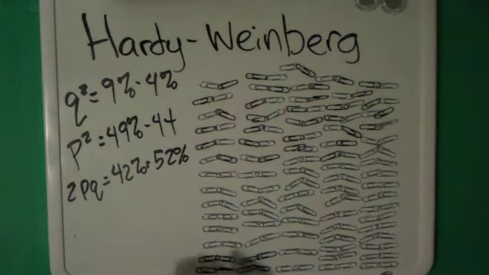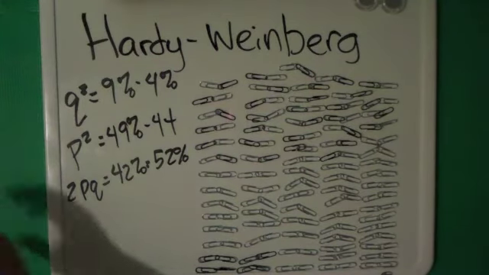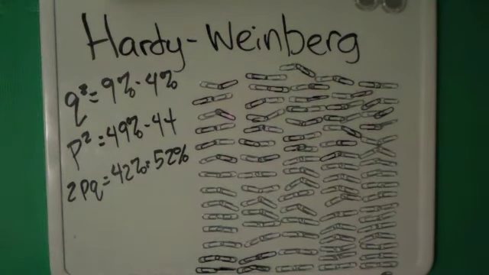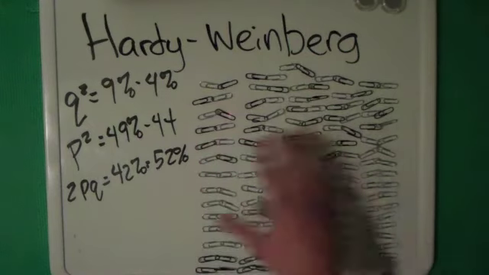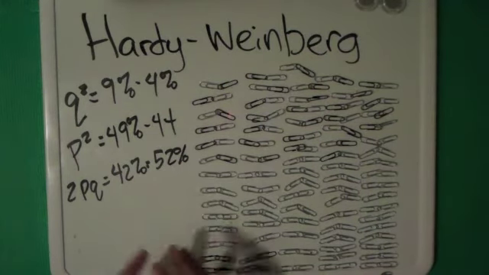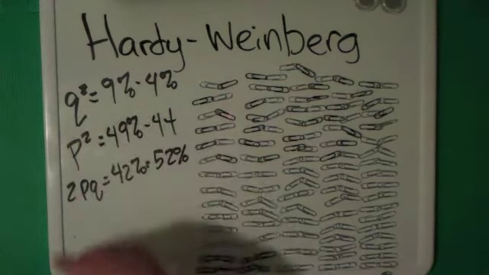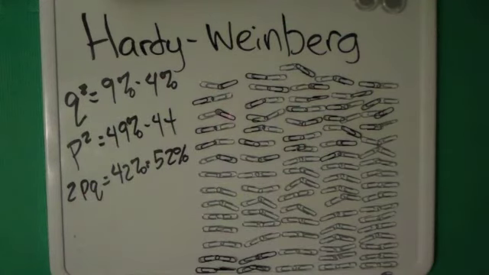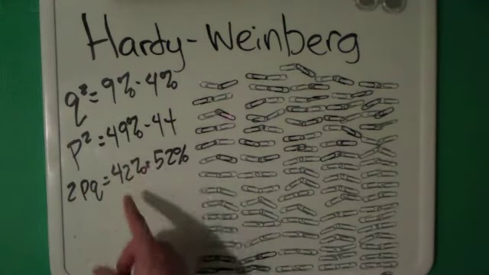And so it's starting to fall out of Hardy-Weinberg equilibrium. And so that's one of the rules. There's got to be a large population. If this was an island and there was only 100 creatures for us to choose from, then it may not be in Hardy-Weinberg equilibrium. It's got to be a pretty large number for this math to actually work out. But as you can see, just with 100, we got pretty close.